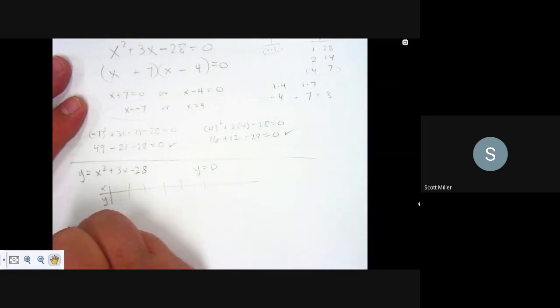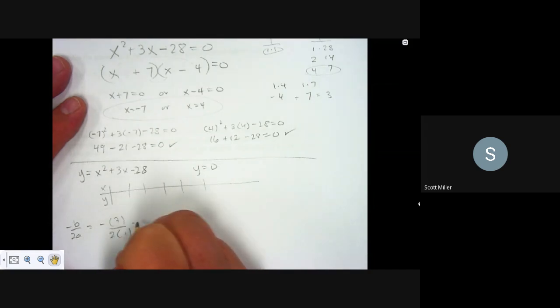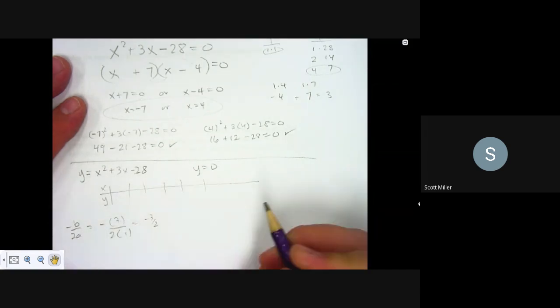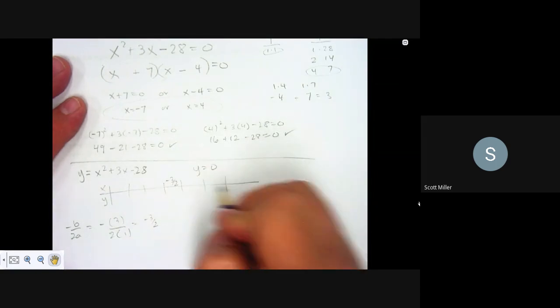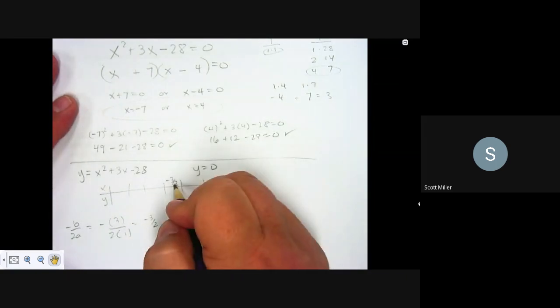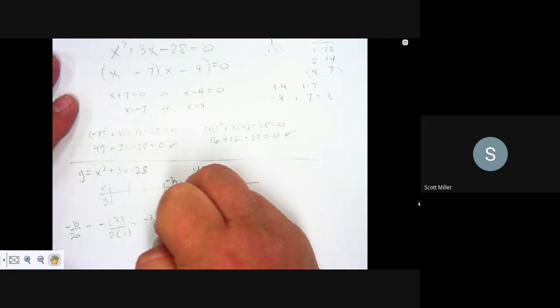So negative b over 2a gives me a negative 3/2. So a negative 3/2 goes in the middle. And we need to figure out what that number is. For the sake of time, I've already figured it out. It's going to be a negative 30.25.